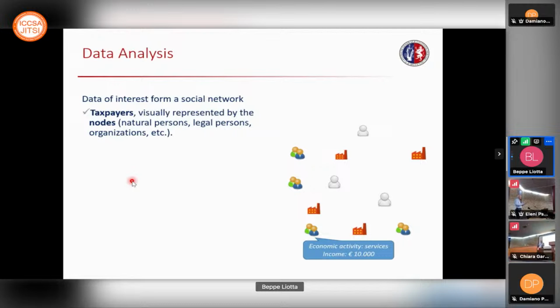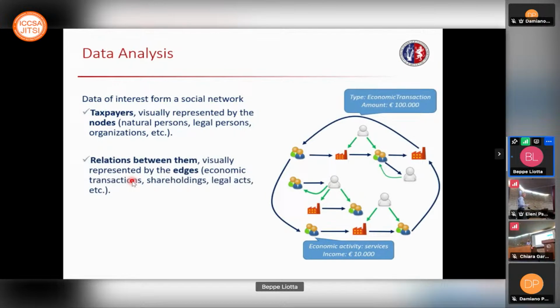So the nodes can be the different actors. They could be physical people, or companies, banks. And then the edges carry different semantics. They can be transactions, legal acts, friendship. There can be different ways of interaction between these nodes.